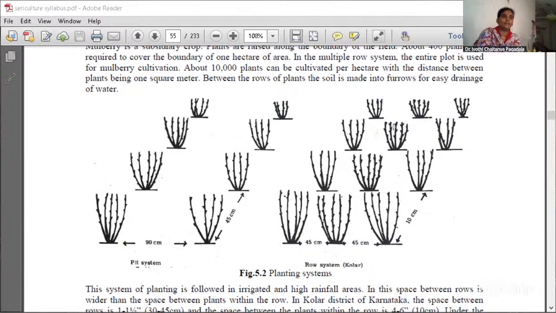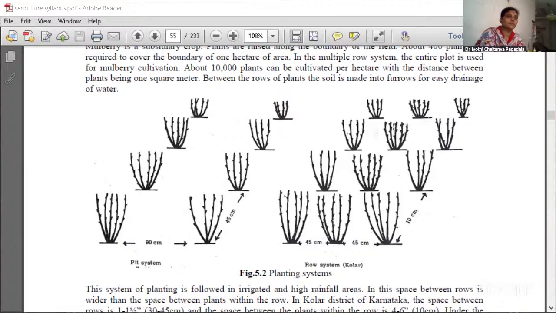This would enable the plants to reach a growth of about 6 feet, that is 2 meters, in about 6 to 9 months' time.